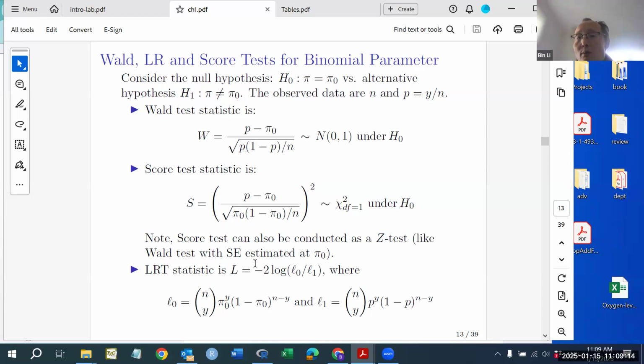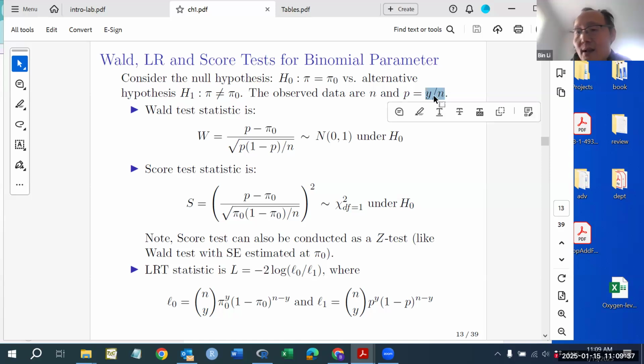For the binomial case, let's say the null hypothesis is pi equals a certain value, pi 0, and the alternative is not equal to. The observed data is we have n trials and y successes. So the sample proportion is y divided by n.